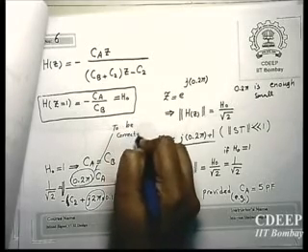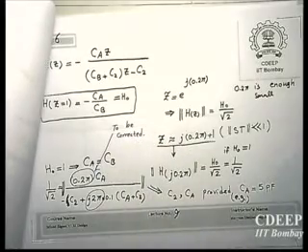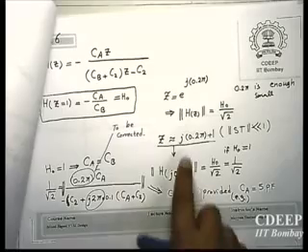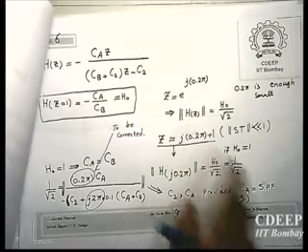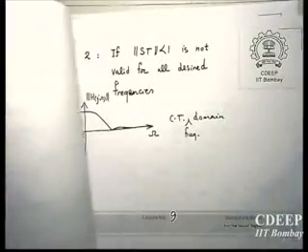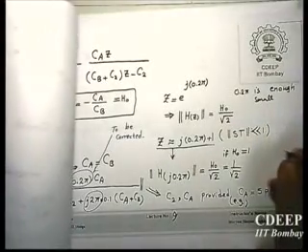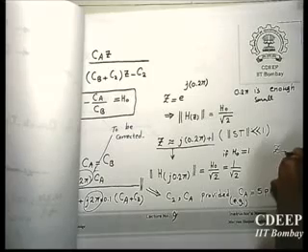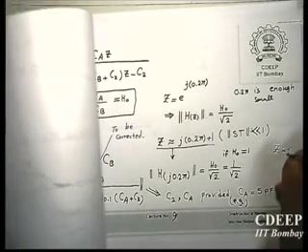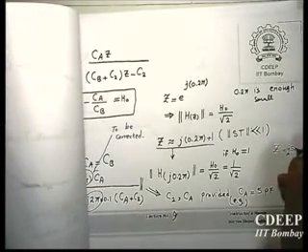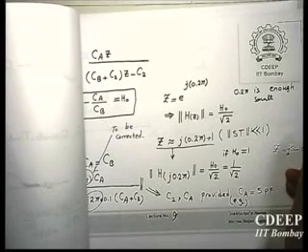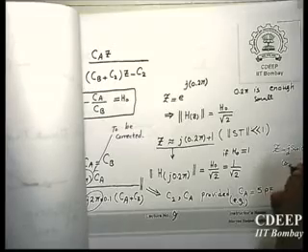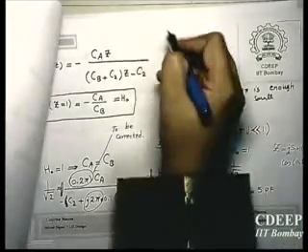To be more precise, you can include exactly sine and cosine. Z is equal to j sine 0.2 pi plus cosine 0.2 pi. So this is the correction.